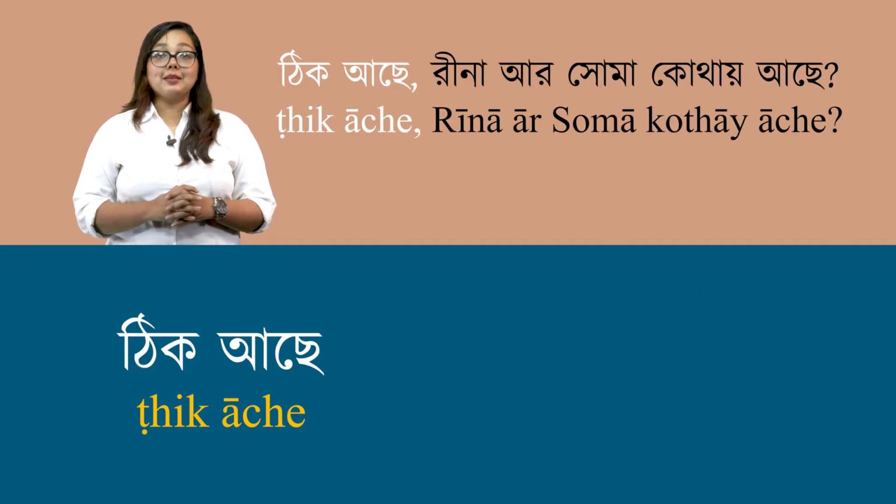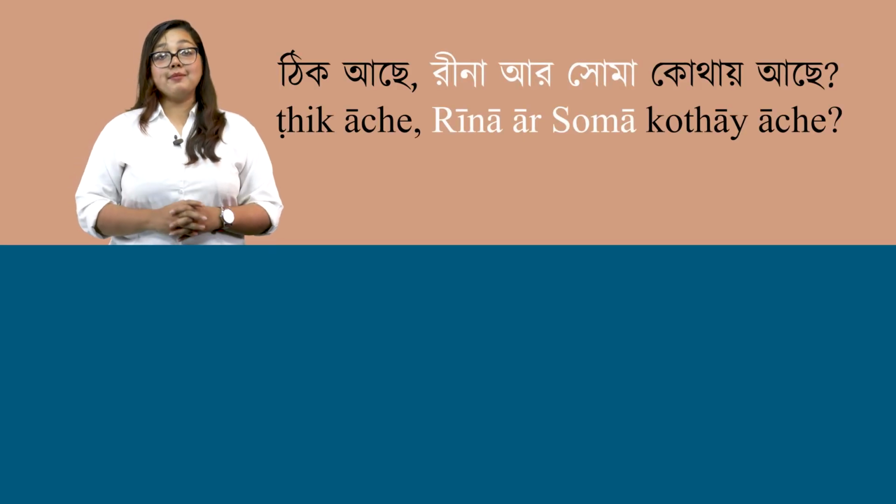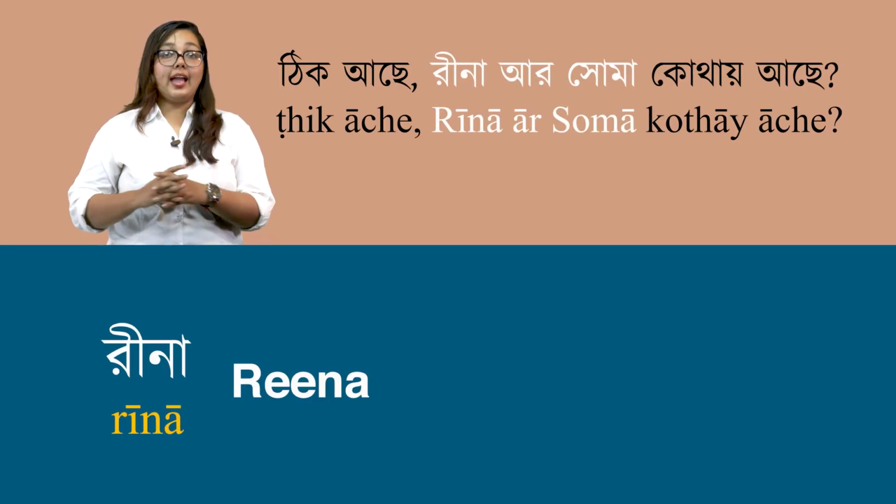In this dialogue, Raju acknowledges Amita's answer with Thik ache, means all right, and inquired about two people, Rina and Shoma. Raju also directly mentions the names Rina and Shoma. Hence, a nominative pronoun is often unnecessary.